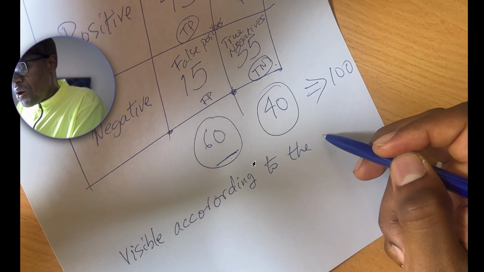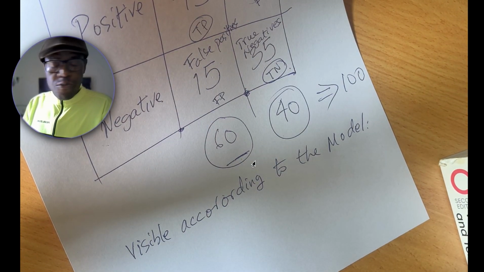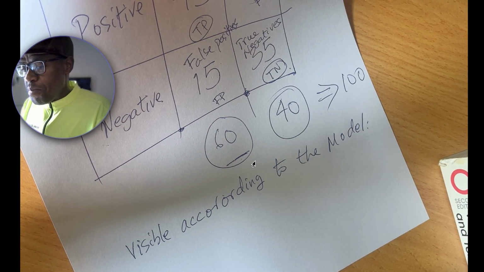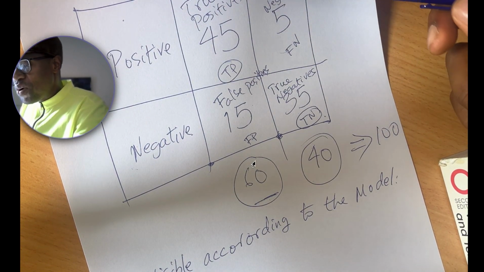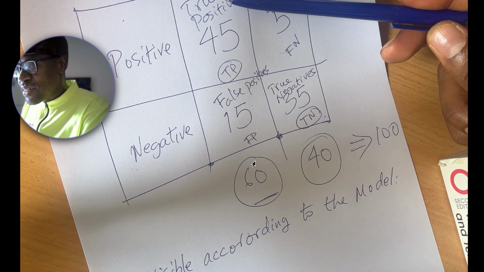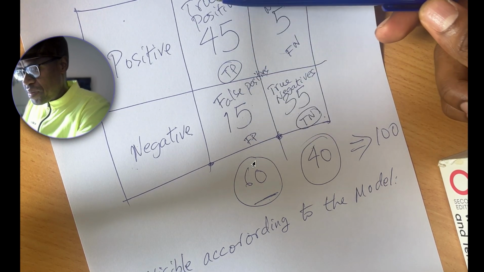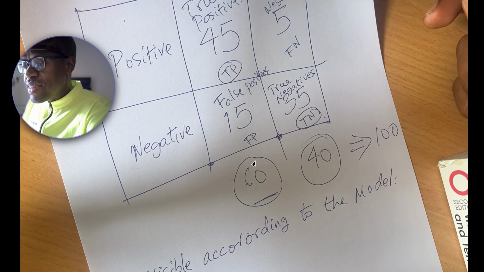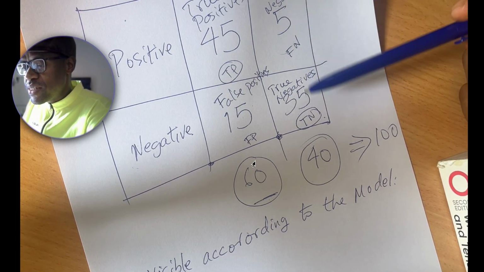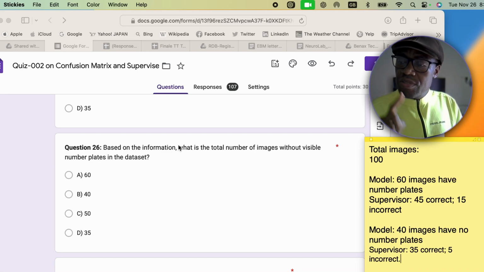If you define visible in the perspective of the model, this is what the model sees, and this is what the model doesn't see.